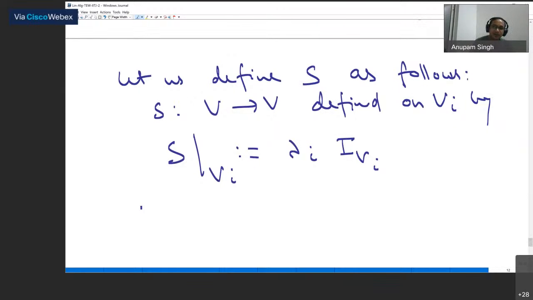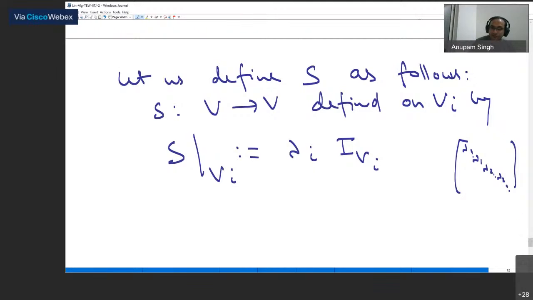And this is quite well defined because V is a direct sum of the Vi. If you want to think of the matrix, if you choose a basis of V1 first, then a basis of V2 second, and so on, I will get lambda 1, lambda 1, lambda 1, and then lambda 2, lambda 2, lambda 2, and like this. Then the matrix of S will look like this.